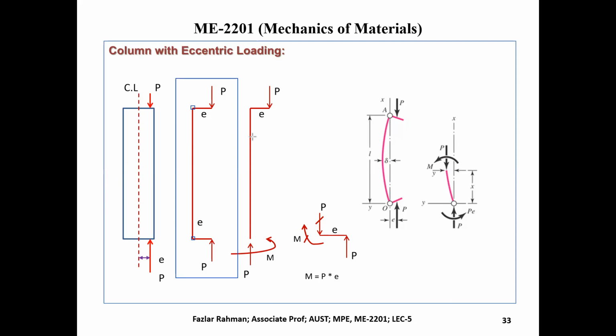And in that case, how can we do the stress analysis, or how can we figure out the critical stress in the column? What is the effect of eccentricity? From outside, you can see only the load P, right?